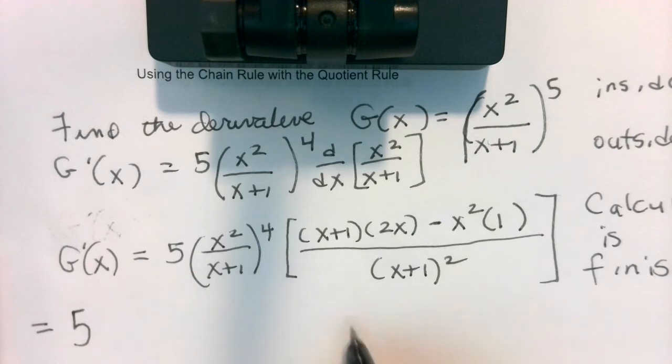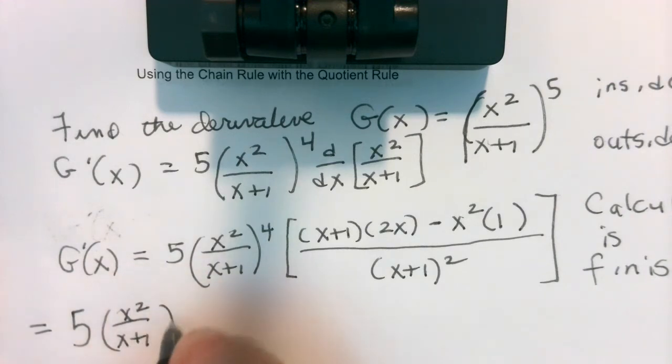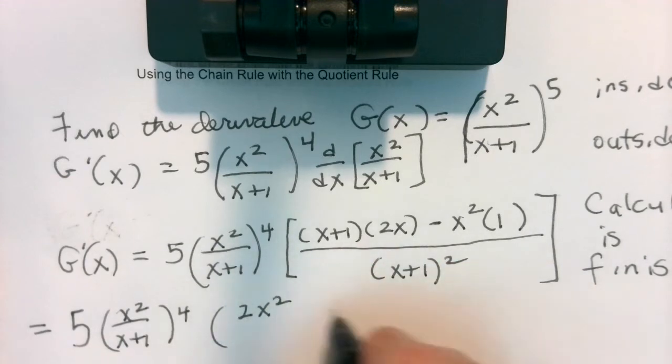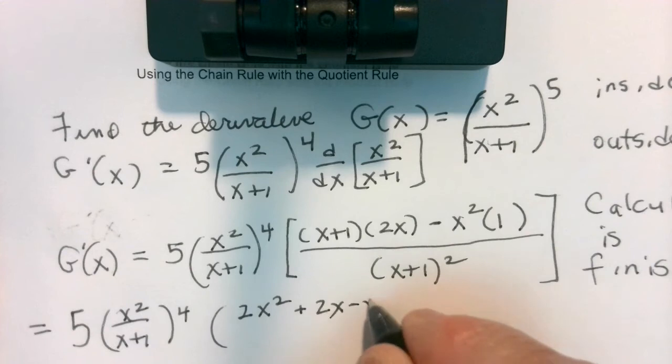So first of all, I've got the x squared over x plus 1 to the 4th. And then I'm going to go ahead and multiply. So I've got a 2x squared, and I've got a 2x, and I've got a minus x squared.